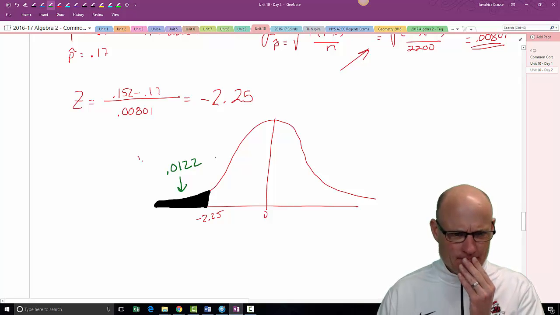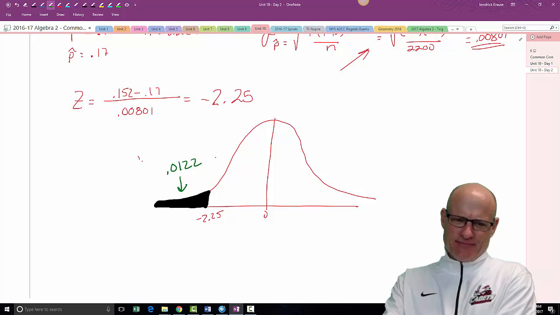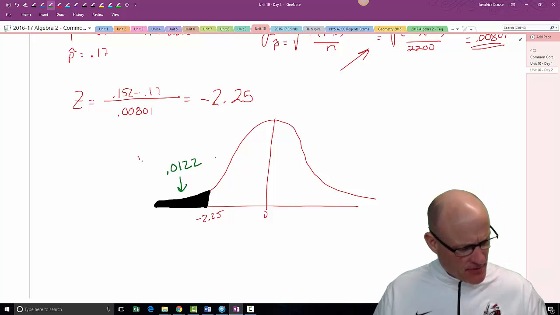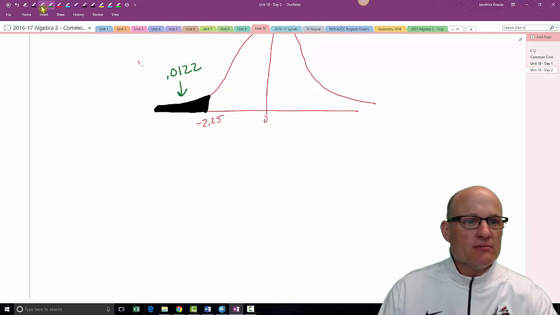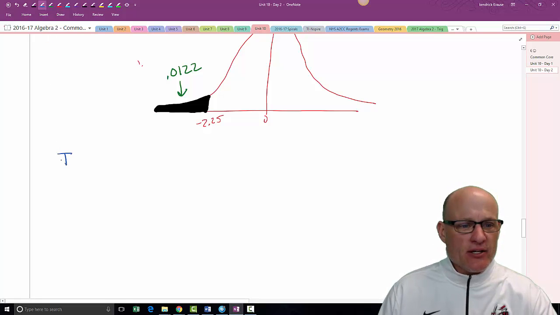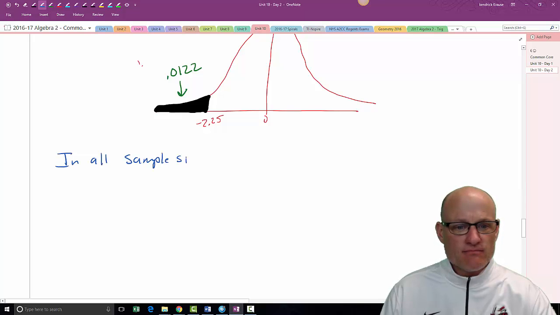Now, what does that mean? Well, let's think about what that means. What this tells us is in all sample sizes where n equals 2,200.